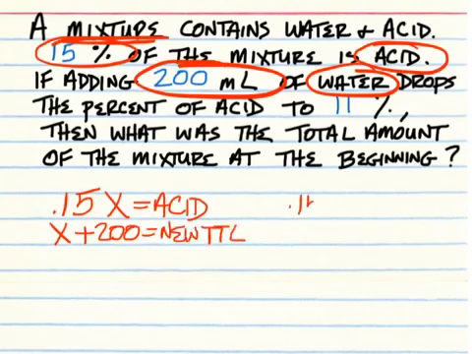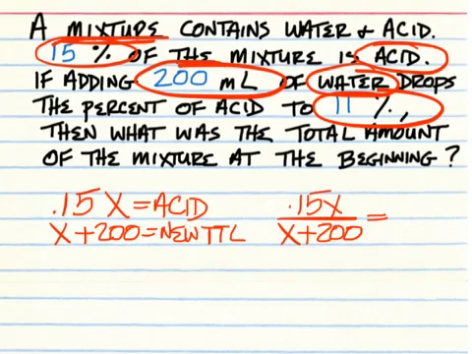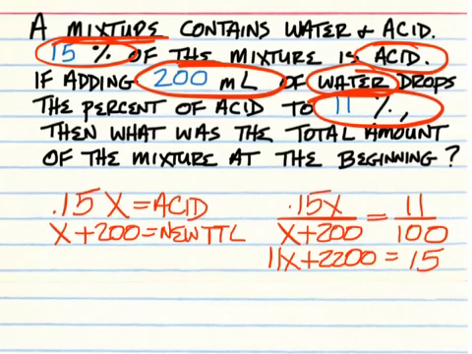Divide the amount of acid by the new total and set that equal to the new percent of acid, which is 11 over 100. Cross multiply to get 11x plus 2200 and set that equal to 15x. You could do it this way.